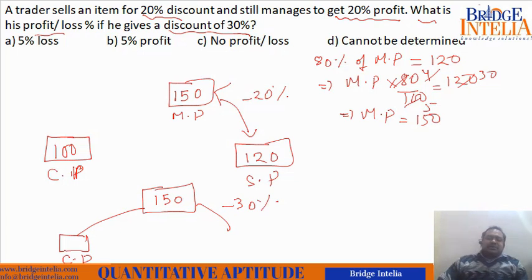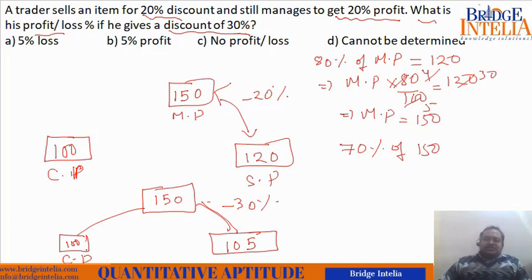So something which you have bought for 100 and marked for 150, now give a discount of 30%. So 30% discount means you are paying only 70%. So 70% of 150 is what somebody would be paying. So 70% of 150 comes out to be 105.